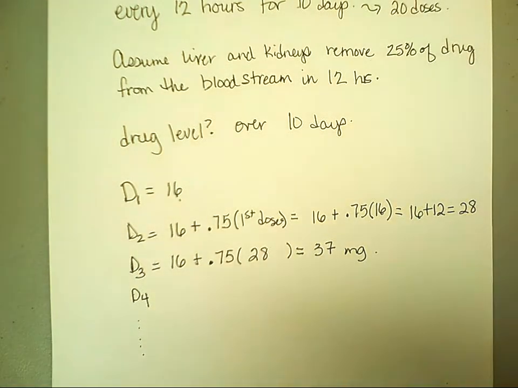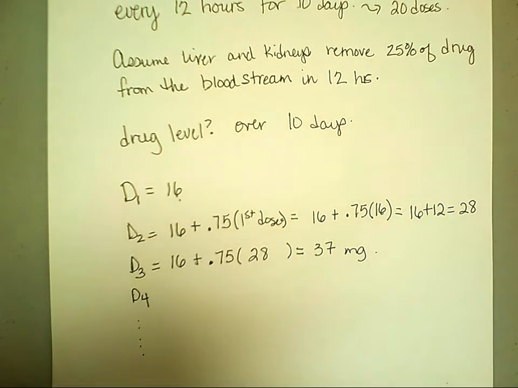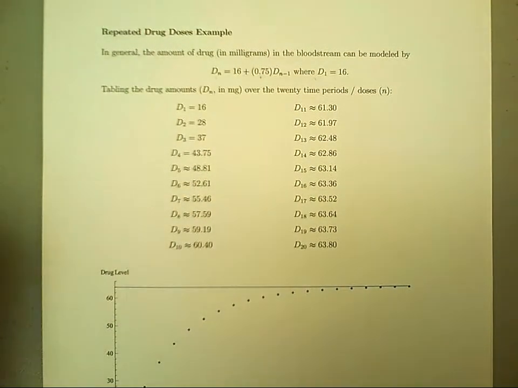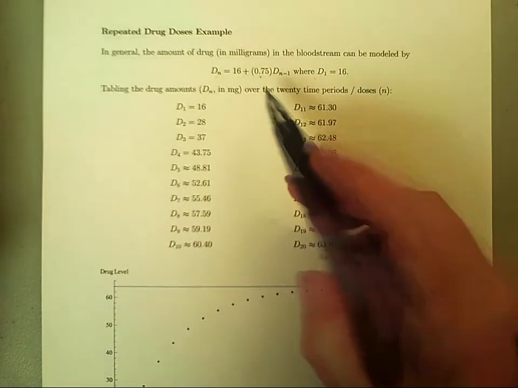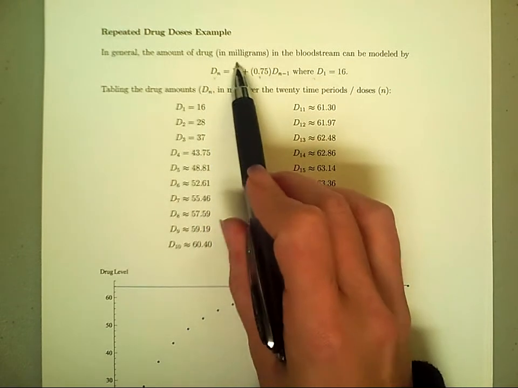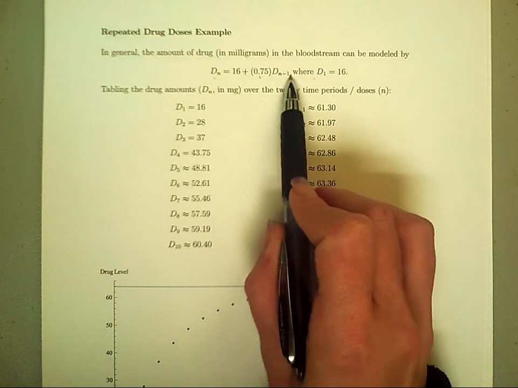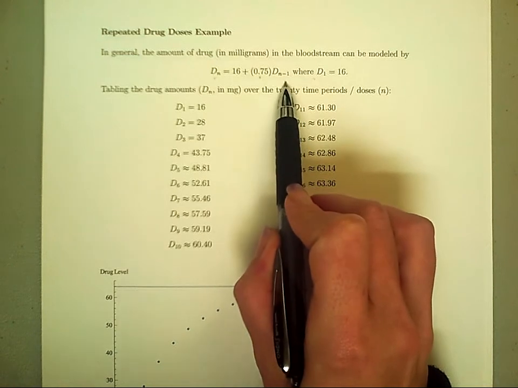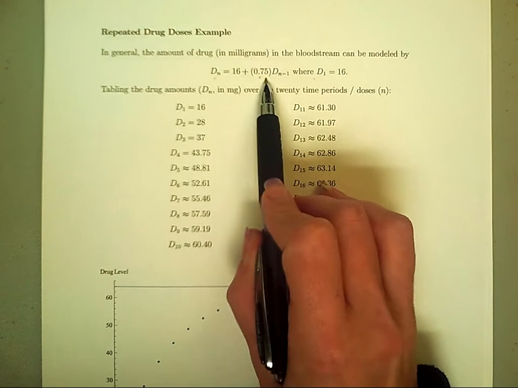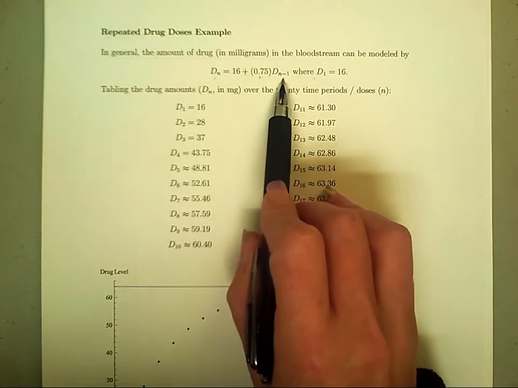So in general, any dose I take is 16 from the pill plus 75% of the prior dose. So a dose at time n is 16 plus 75% of the prior, so D sub n minus 1. Okay, so this is some notation.